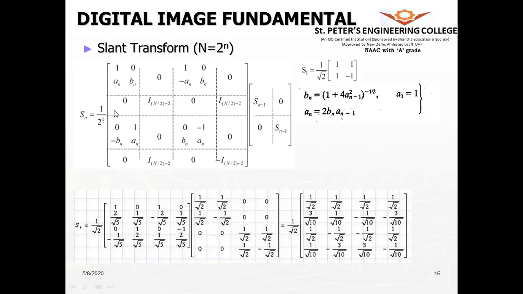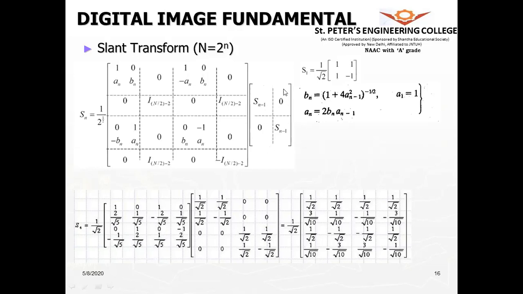If you come to the next row, 0 0 will be the first 2 elements, 0 1 will be the next 2 elements in that row, then 0 0 will be the next 2 elements, and 0 1 will be the next two elements. So on, we can compute the entire matrix. And of course, that has to be multiplied with a matrix of 4 by 4 with Sn of 2 by 2 matrix and 0 of 2 by 2 matrix.